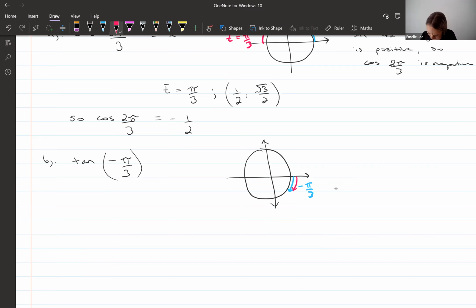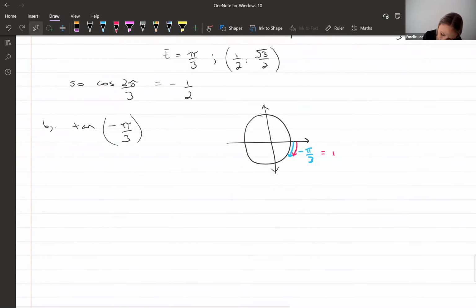Okay, you're still seeing the screen, so that's good. Let me see if I can get back there. Okay, good. So my reference angle then is just going to be pi over 3. But knowing that I'm in Q4, if I go all students take calculus, I know only cosine is positive in the 4th quadrant. So I know my tangent is going to be negative. So the terminal point of pi over 3, again, is 1/2, root 3 over 2.